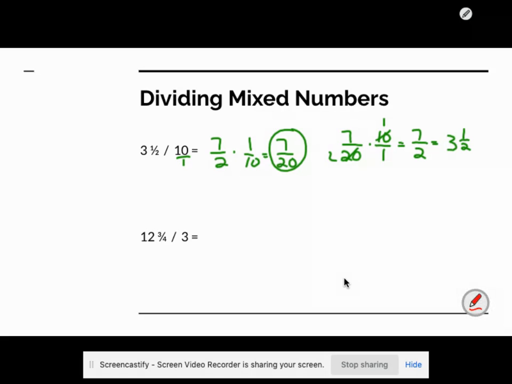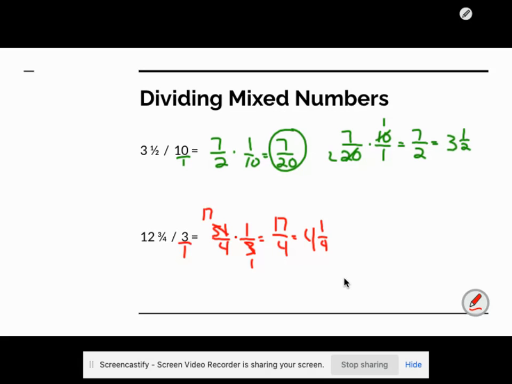The next one, I'm going to get 51 over 4, and then I'm going to times by 1/3. You remember, 3 does go into 51 17 times. So working with much smaller numbers, I end up with 17 over 4, which equals 4 1/4.